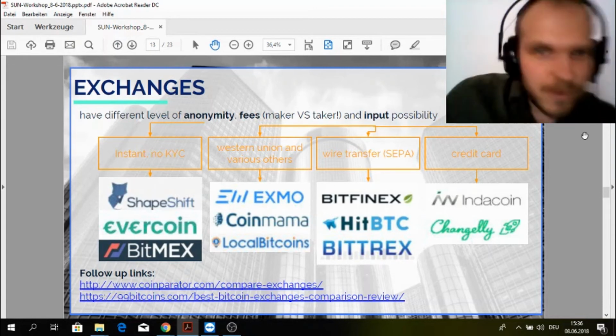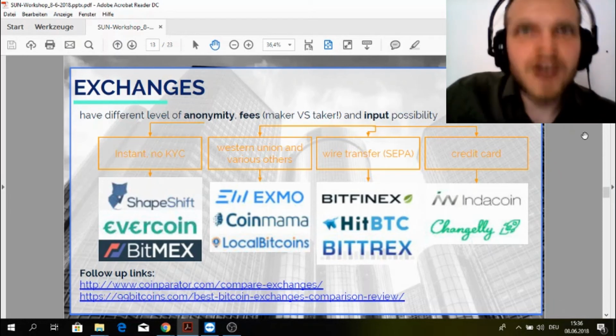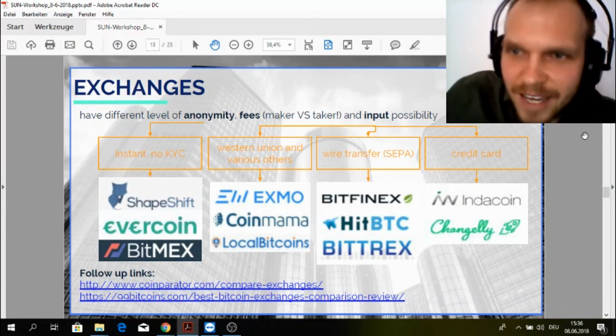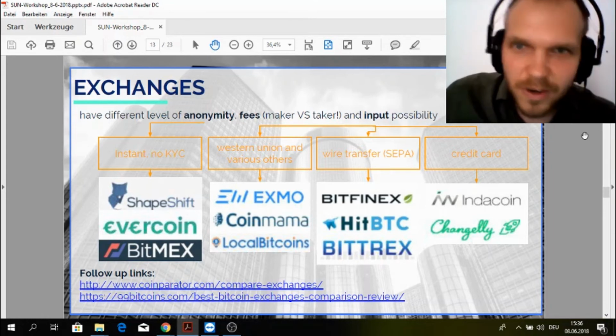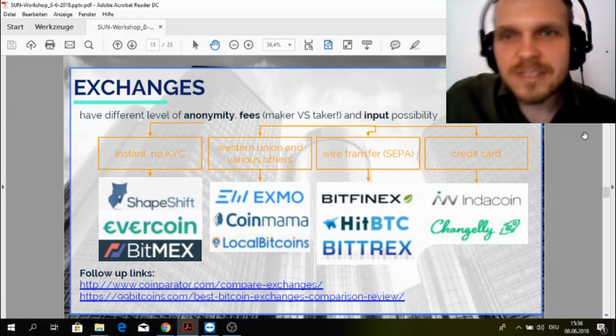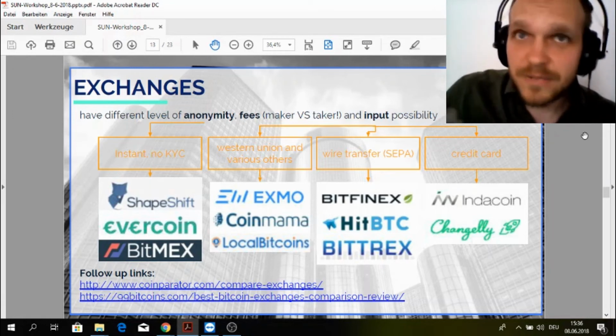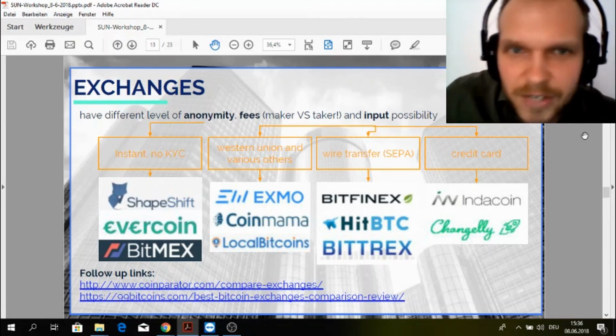Then I thought what is important for you guys is also if you have credit cards, Visa or MasterCards, then on the right side you have Indacoin and Changelly, where you can easily access a lot of cryptocurrencies. Then if some of you have cryptocurrencies and want to transfer to fiat, by the way Kenyan shillings or euro, then these two in the middle are okay.